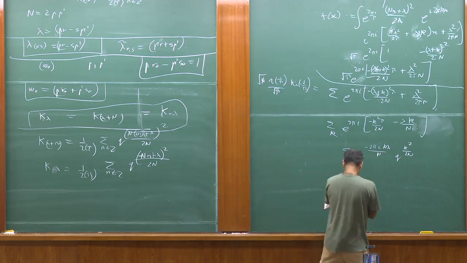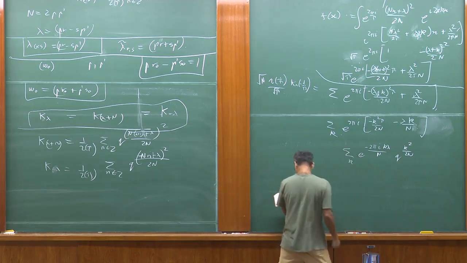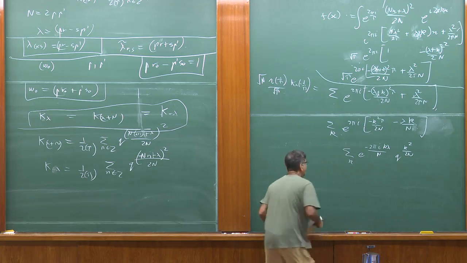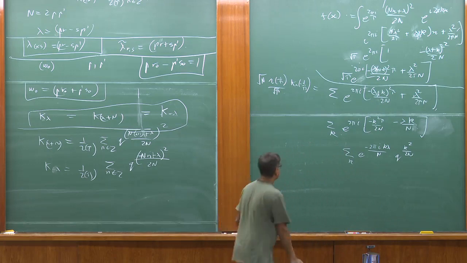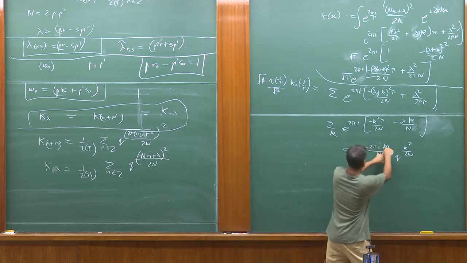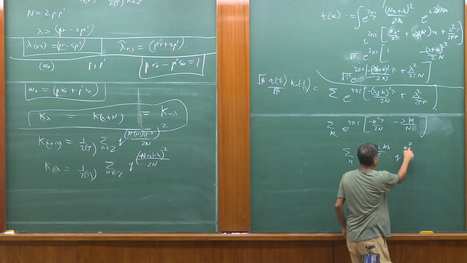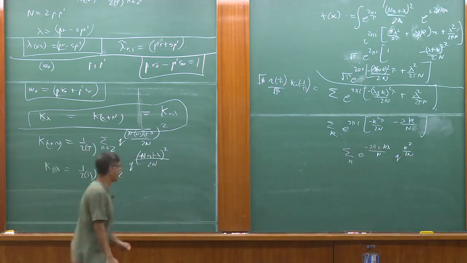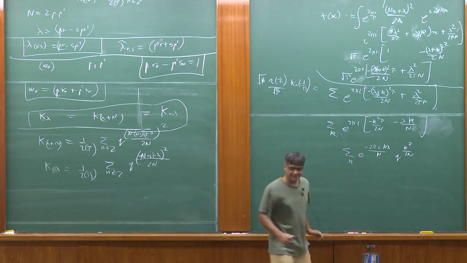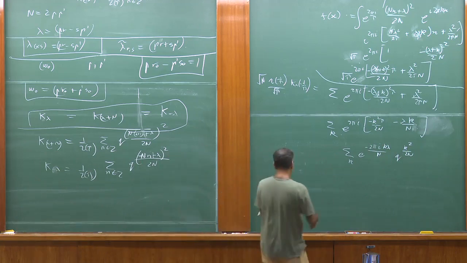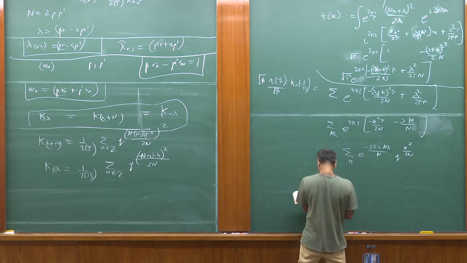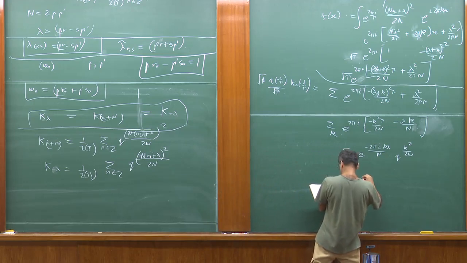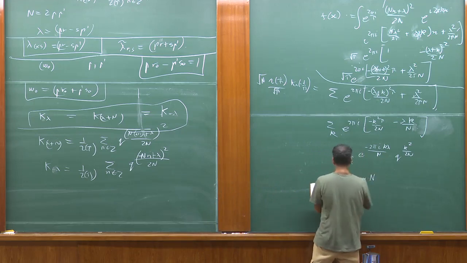And then they say, let's write, and now this is the key point. You see this integer here is summed over all integers. So what we can do is to write this k as equal to mu plus m times n.